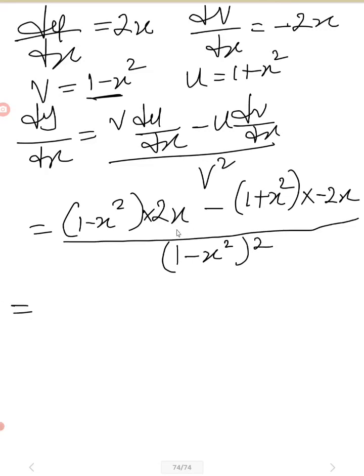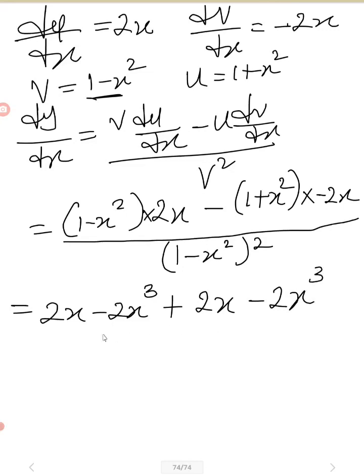So what we now do here, you expand, you have 2x minus 2s raised to power 3. This first minus, when we multiply this, will give you plus immediately. So 2s times this will give you 2x, this times this minus 2s raised to power 3. That is all.